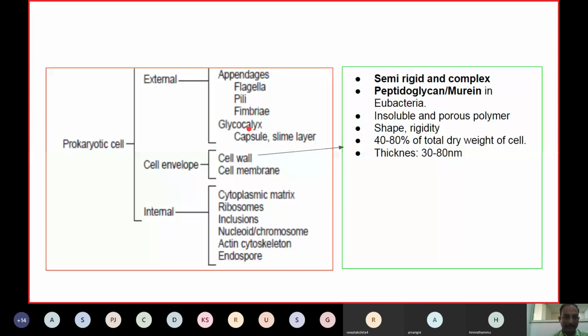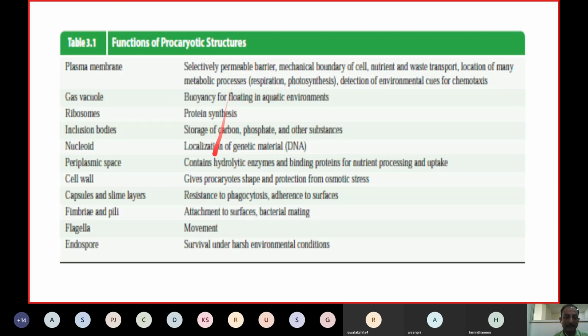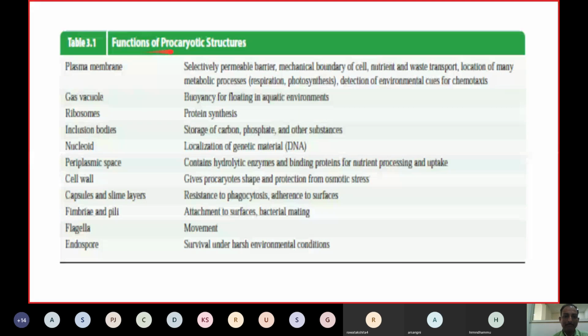So, at a glance, these are the different organelles present in the bacteria, and these are their functions. For example, the plasma membrane, which you will learn more about in cell biology class, is a selective permeable barrier, which allows the transfer of nutrients and waste, and is involved in the detection of environmental cues for chemotaxis.